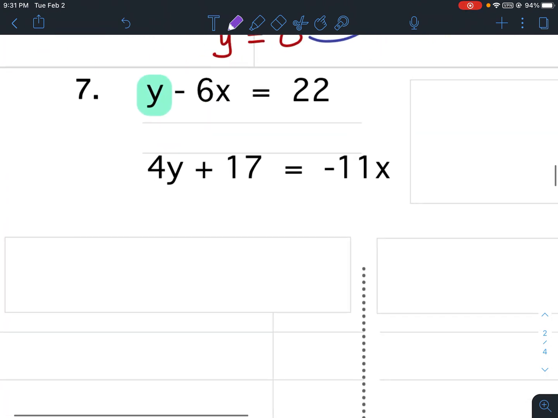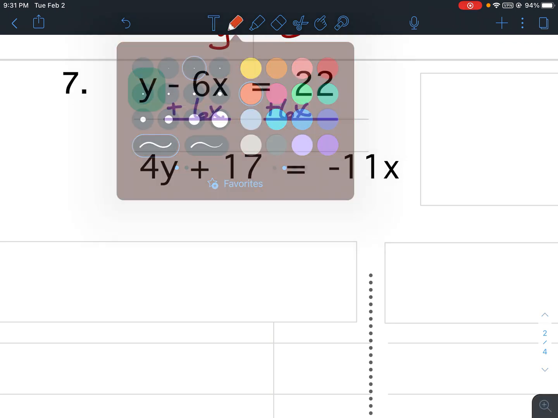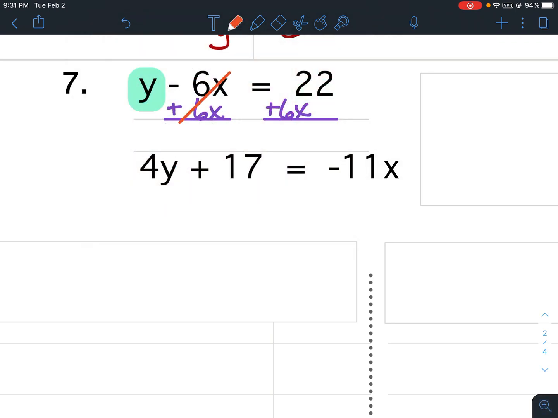Number 7. The easiest term to solve for is the top y. The inverse of -6 would be to add 6 to both sides. The 6x on the left will cancel.